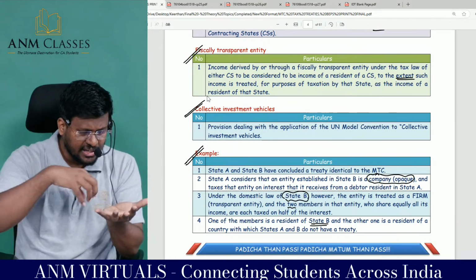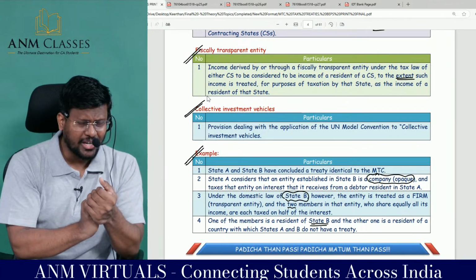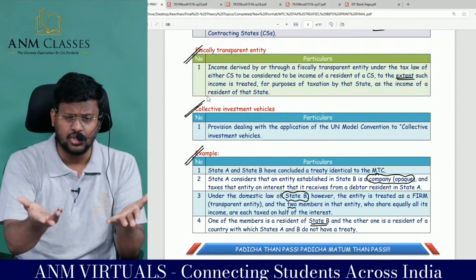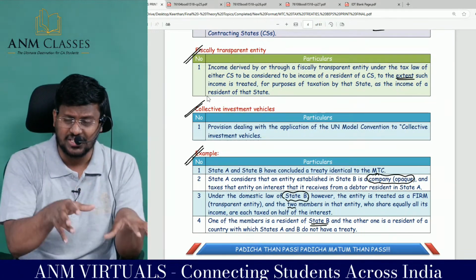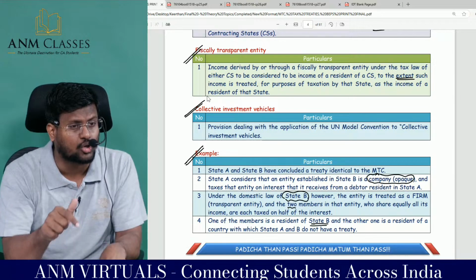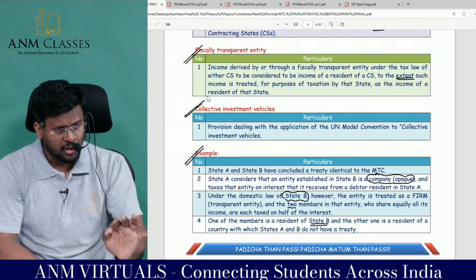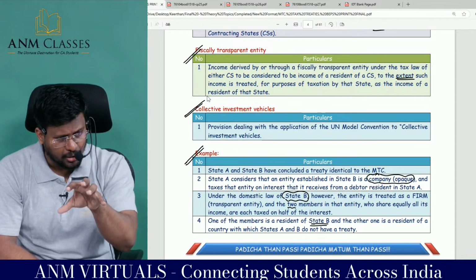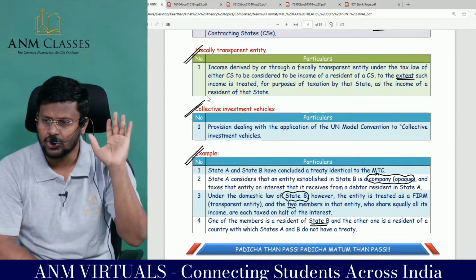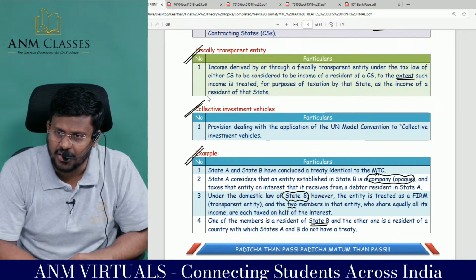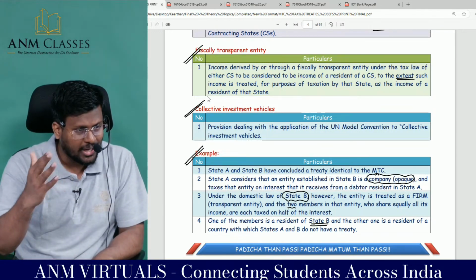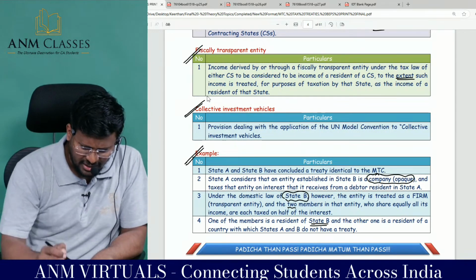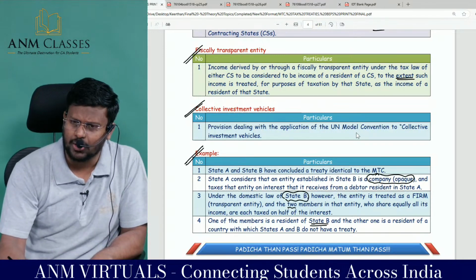But in a REIT, you cannot ensure that all the investors and unit holders are residents of that contracting state. But still, if that REIT has been set up in a contracting state, the provisions of DTA will be applicable to that REIT.